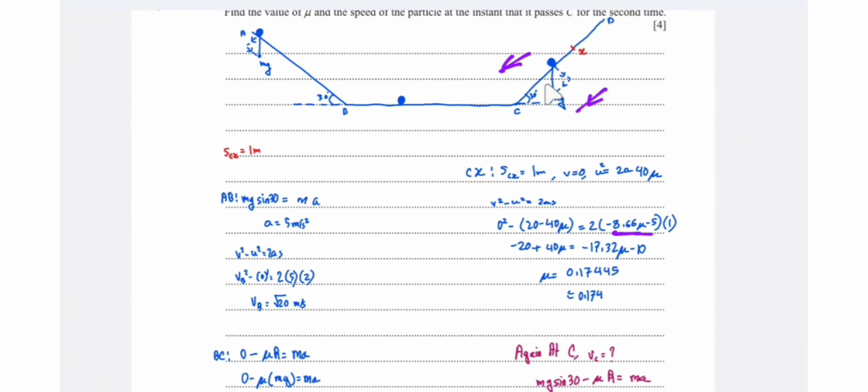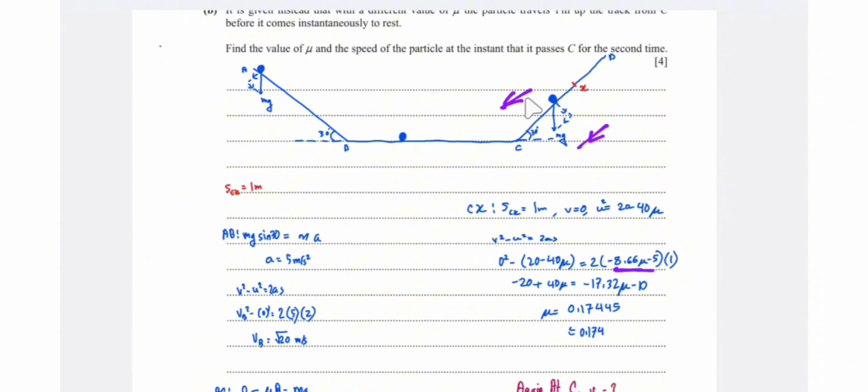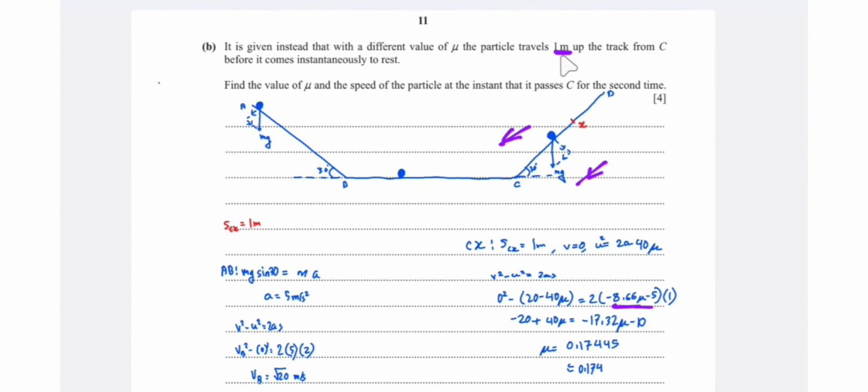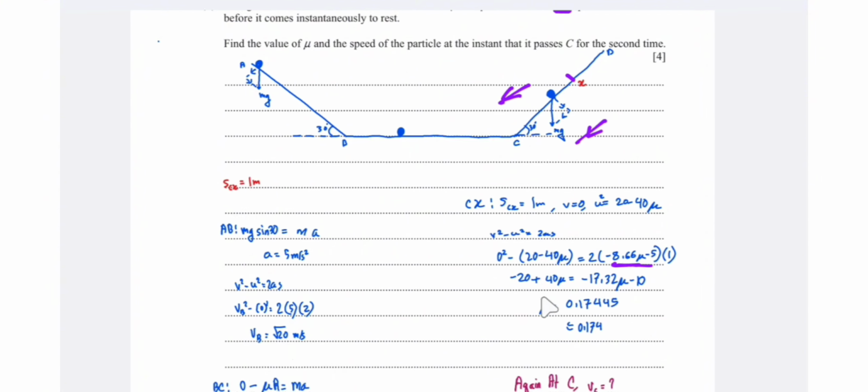Now for the distance cx, we have given the distance the particle travels until it comes to rest is 1 meter, and the speed at this point when it comes to instantaneous rest is 0, and u square is the initial speed square. So v square minus u square is equal to 2as. So final speed square is 0 minus u square.